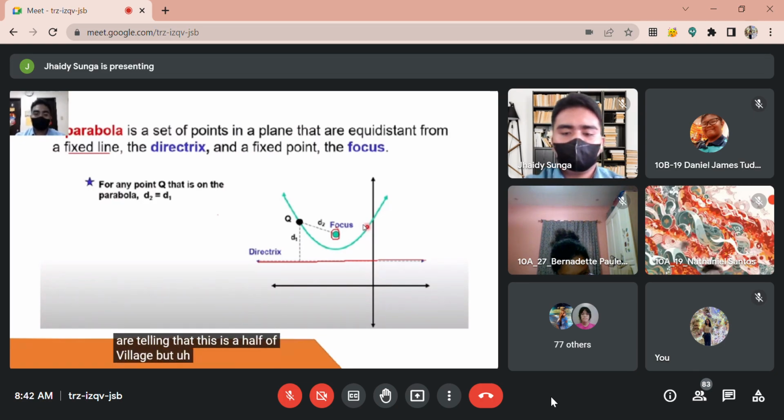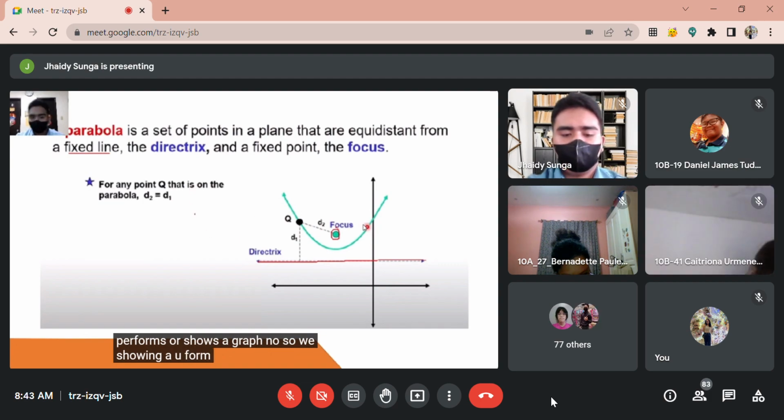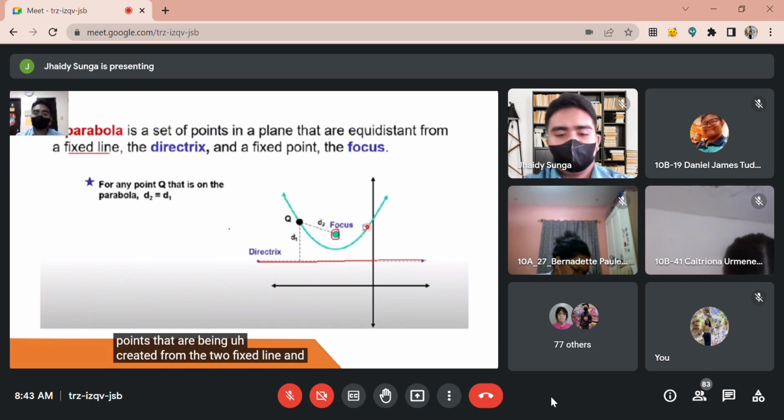But a parabola shows a graph with a U form, with its set of points created from the fixed line and the fixed point. Okay?